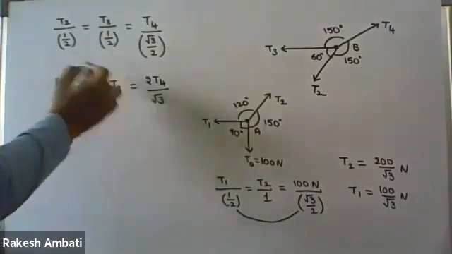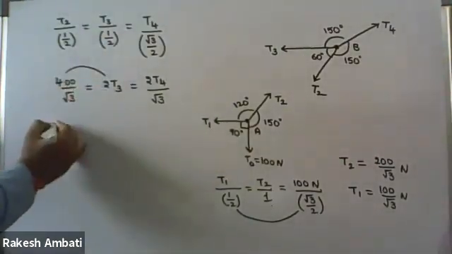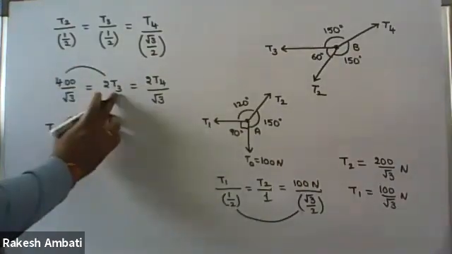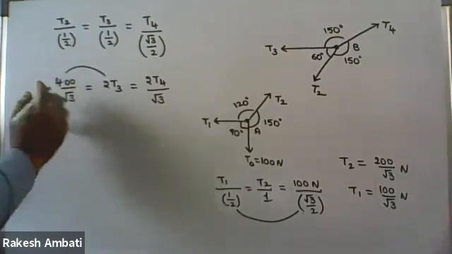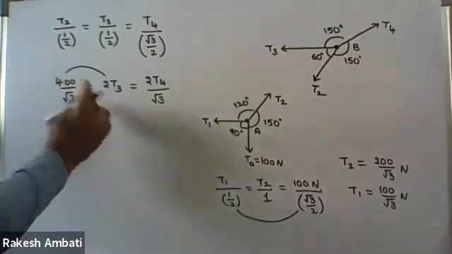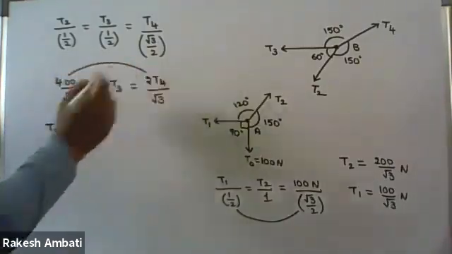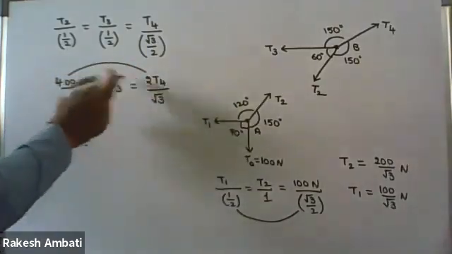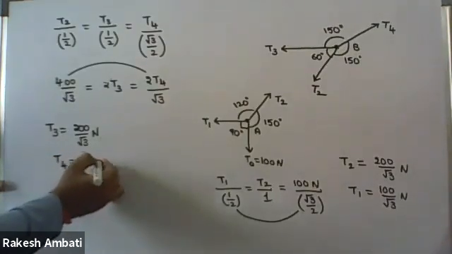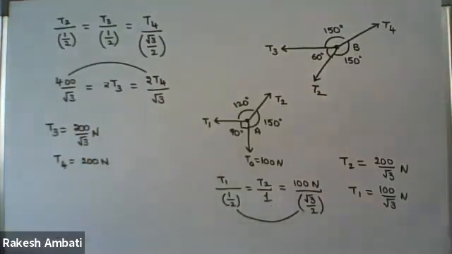By equating the terms, what is the value of T3? 100 upon root 3 newtons. In the same way, if we equate, root 3 cancels out and 2 cancels out. Then what is the T4 value? 200 newtons.